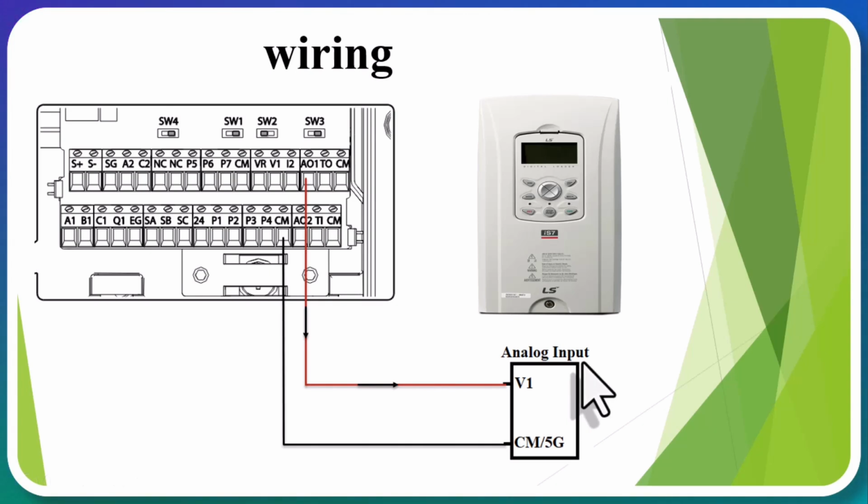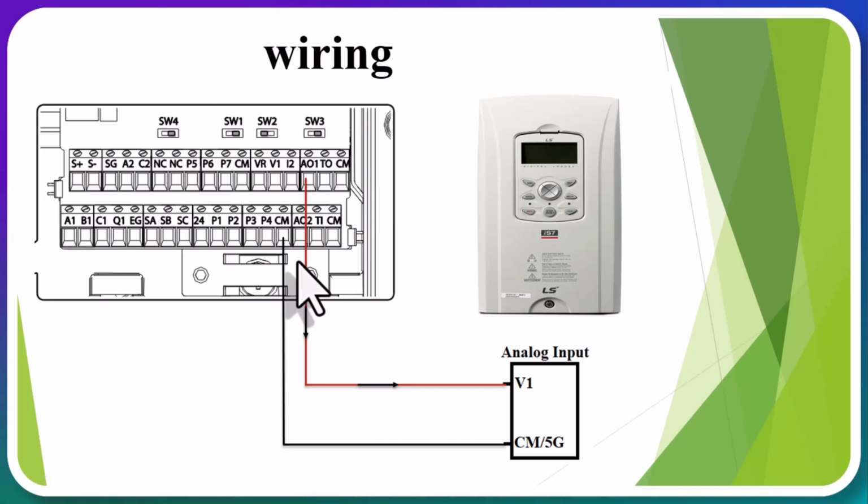For example, on that display, in its scaling, it might say, show me 50 Hz at 10 volts and 0 Hz at 0 volts. Now, based on the voltage that the inverter provides on its analog output, the display will show you the frequency or RPM value. So for wiring as well, you need to use the AO and CM terminals.